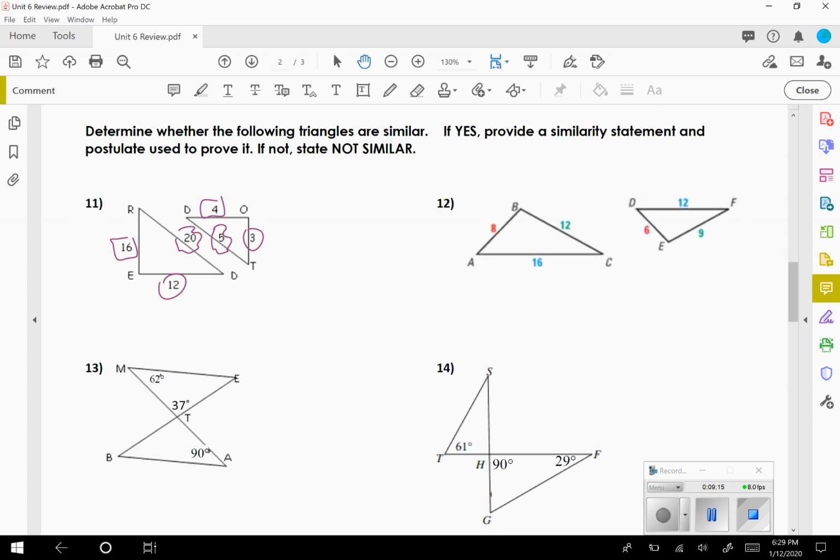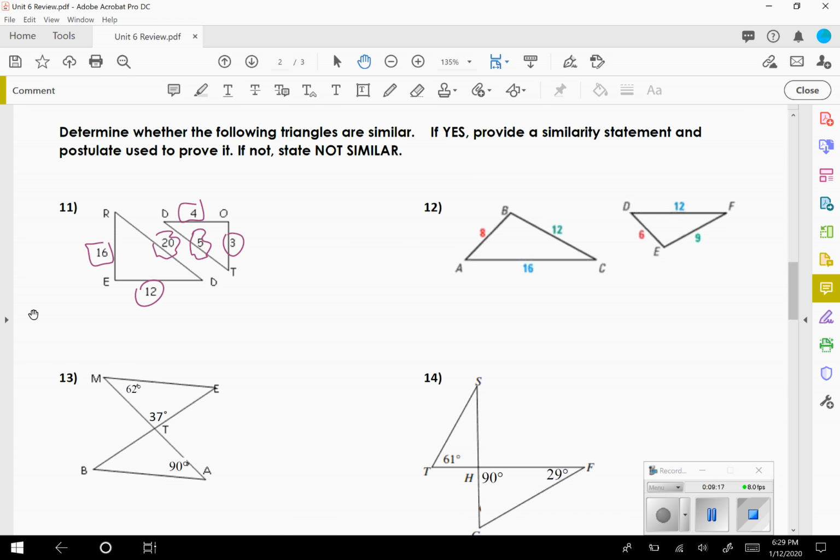So we have to see if all three of our ratios are going to be the same. So 12 over 3. I'm doing big over small. 12 over 3 is 4. 16 over 4, that's also 4. 20 over 5, well, that reduces to 4. So it is similar, and we used all sides, so it's side, side, side.